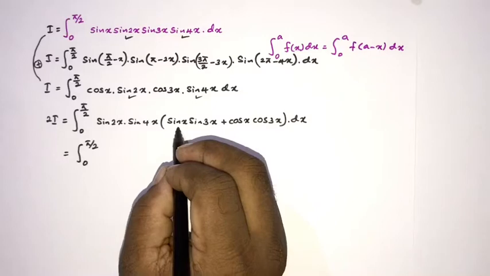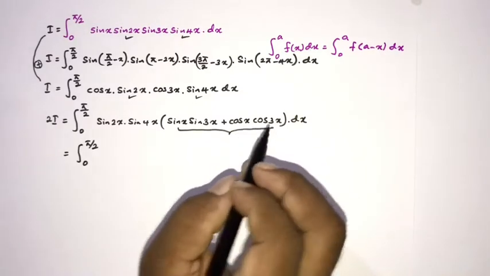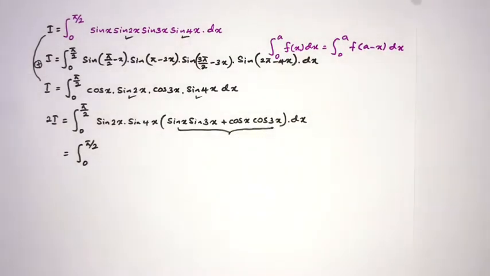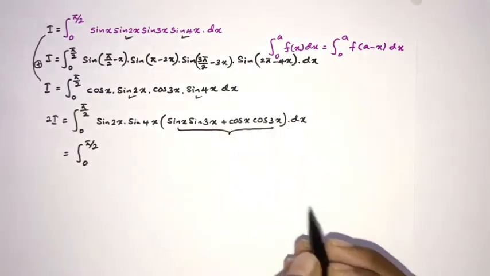Now we know the trigonometric formula for this expression, the cosine of a minus b formula.